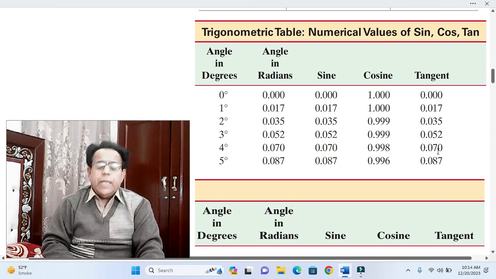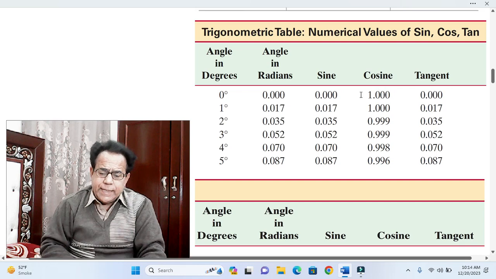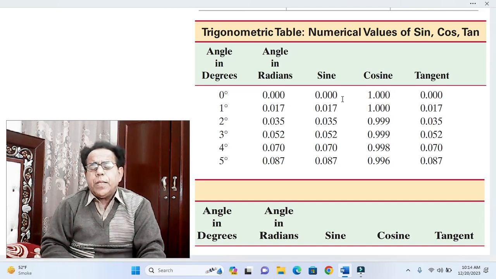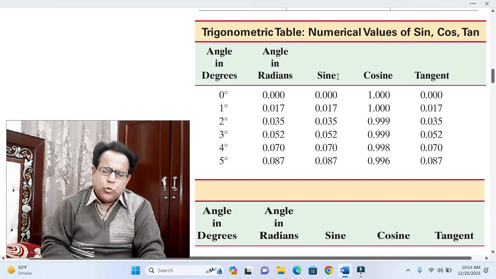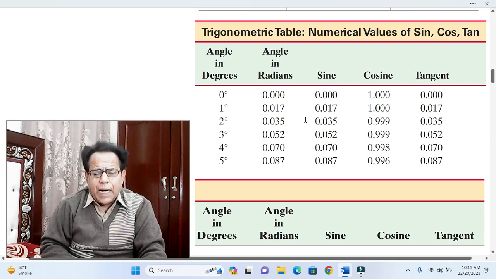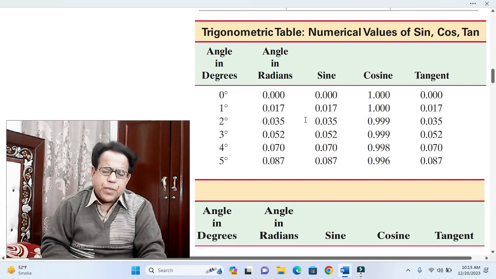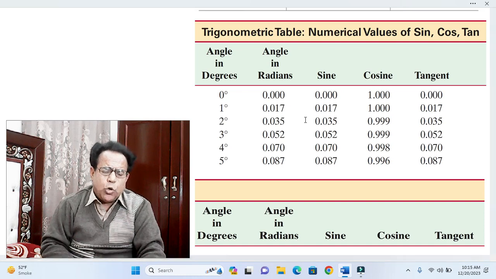Actually dear students, this table has been copied from the book Physics for Scientists and Engineers by Douglas C. Giancoli. But it is not necessary. Almost every book gives such tables, and such values can also be taken directly from the internet by an online converter.